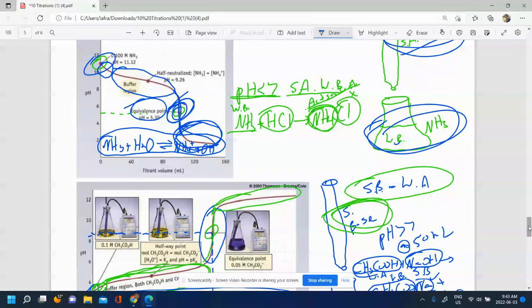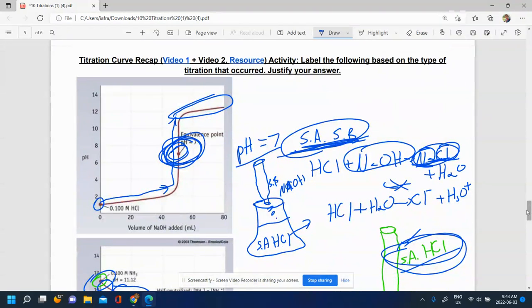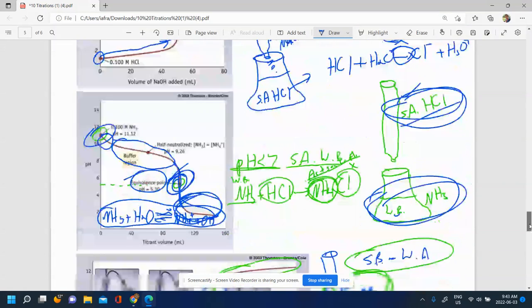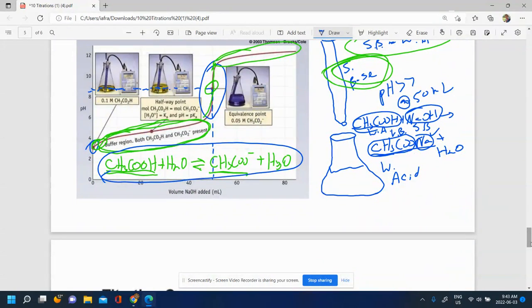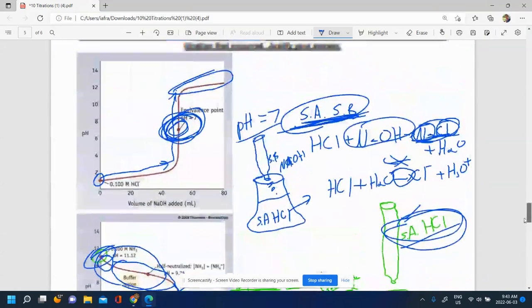It could absorb some base, go back and forth to minimize the change in pH. But in this situation, since you can't go back and forth, you can't really minimize the change in pH using a buffer system. So a buffer region, this fancy profile here, is really only truly created when you have the strong, weak combination situations.